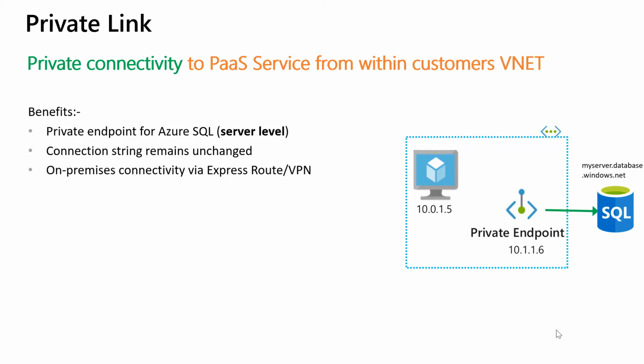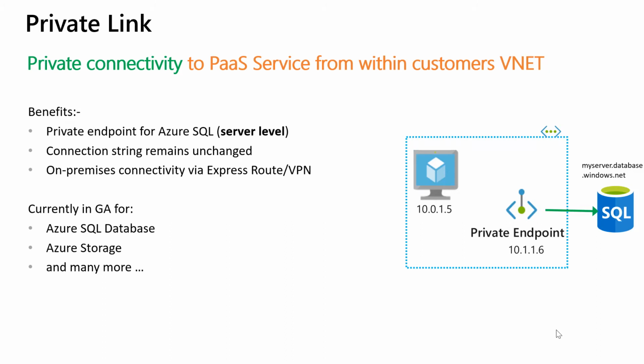And finally, you can connect from on-premises using ExpressRoute or VPNs. As long as your traffic can reach the virtual network where this private endpoint exists, then you can connect to SQL database. Currently it's in GA for SQL database and storage, and many more services are coming.